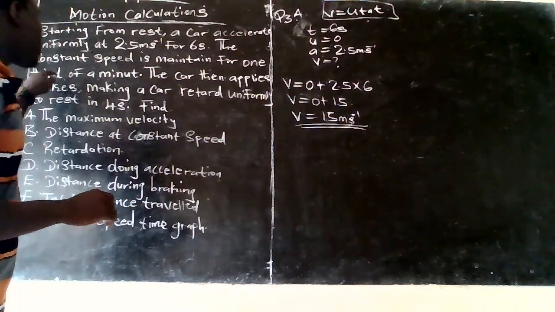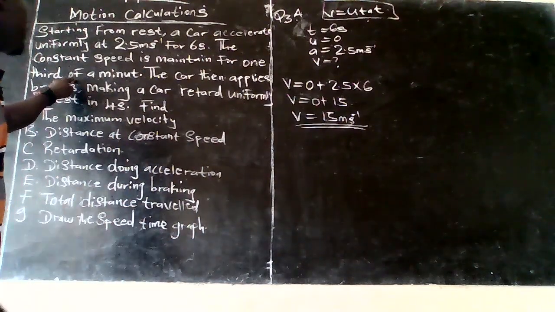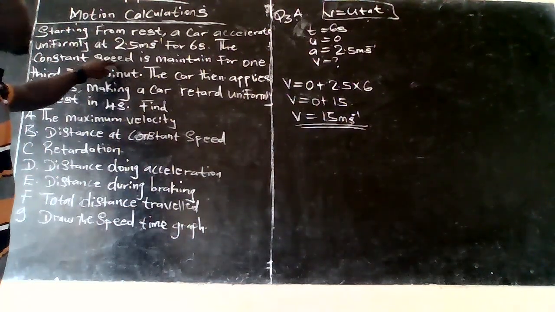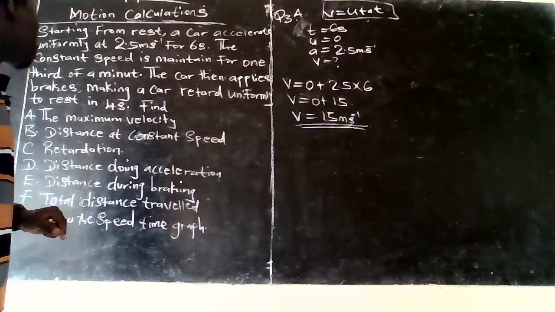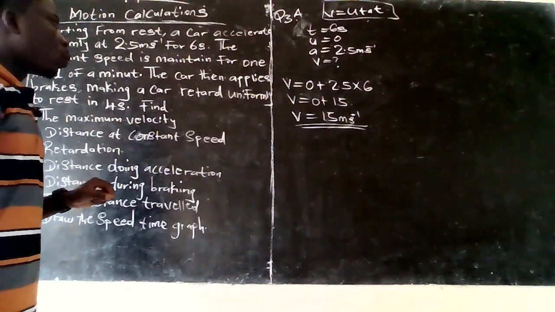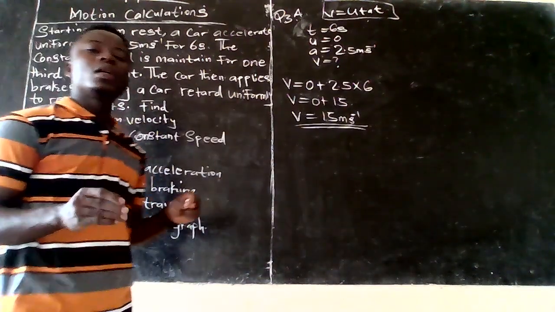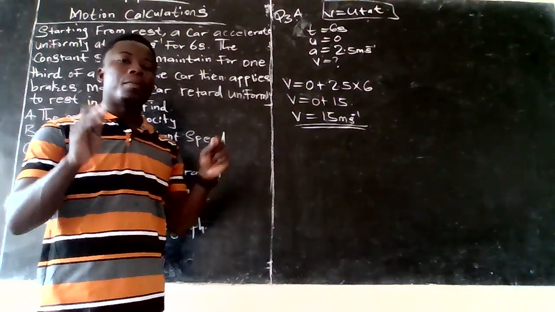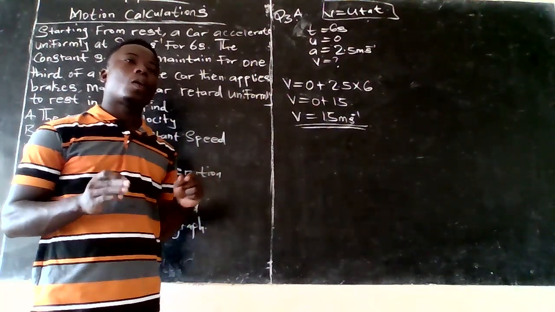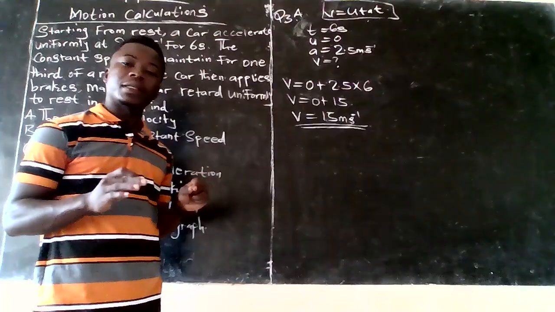Then let's check the question again. The constant speed is maintained for 1/3 of a minute. We know 60 seconds make 1 minute.